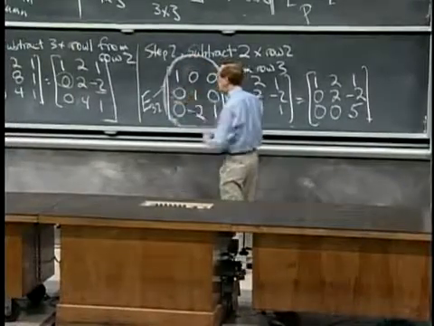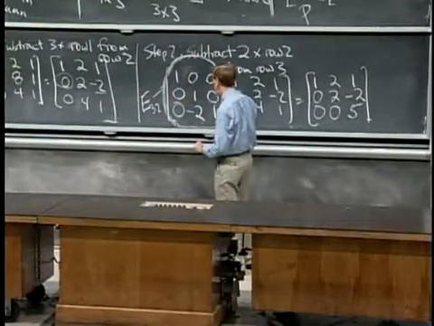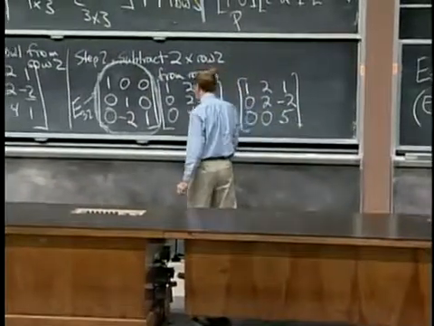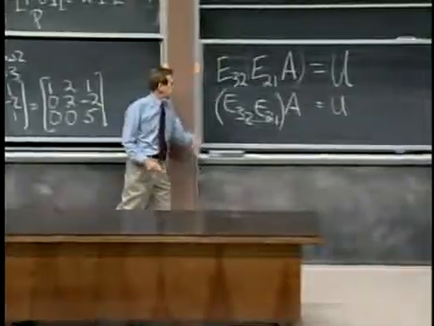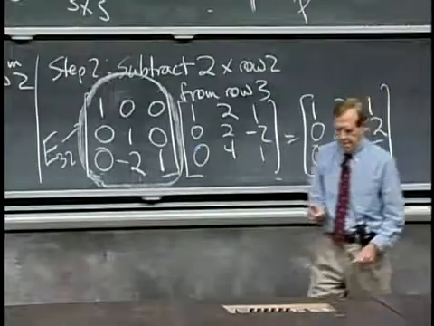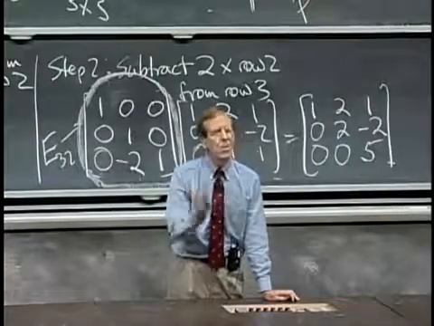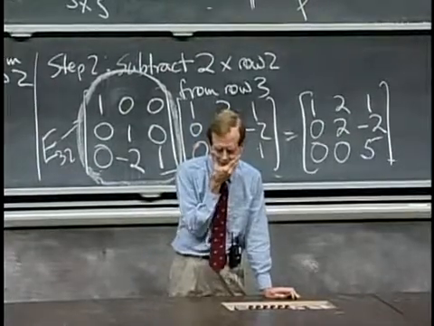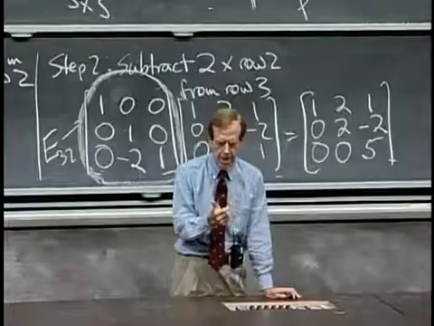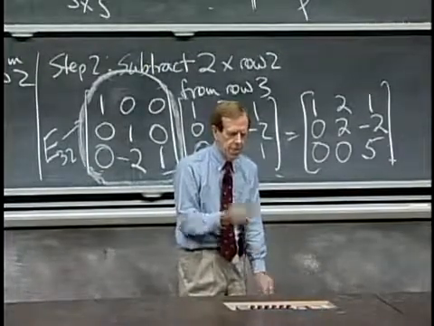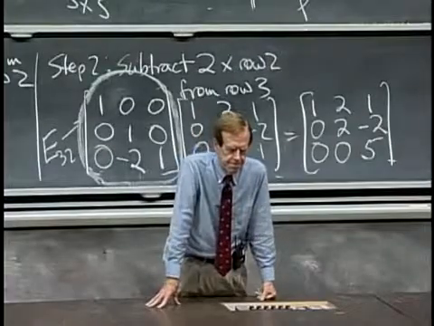And if I multiply those matrices together, E32 and then E21, I'll get a single matrix that does elimination. I don't want to do it that way. If I do that multiplication, there's a better way to do this.